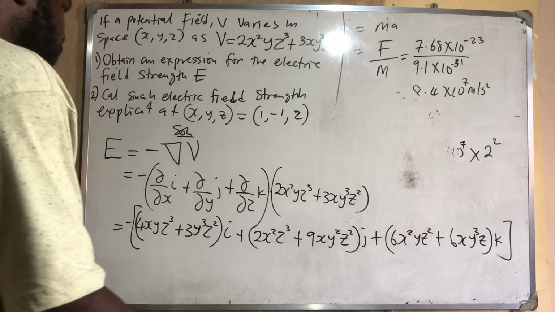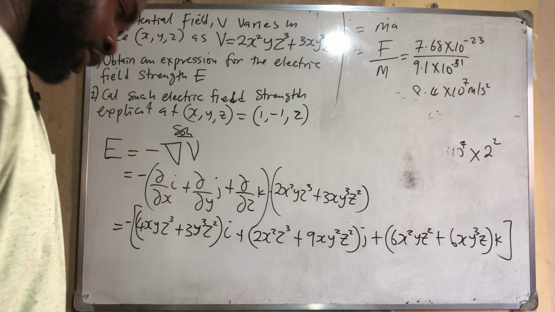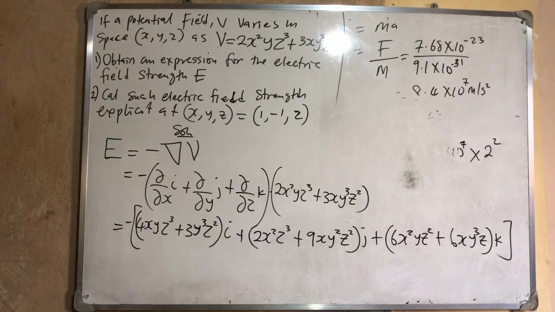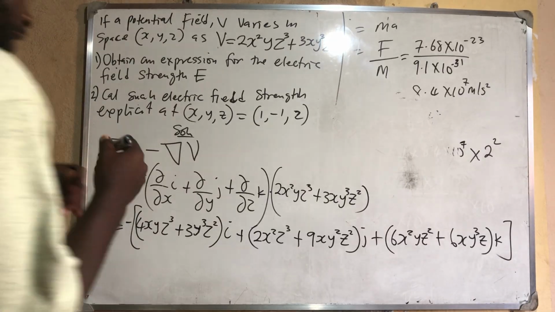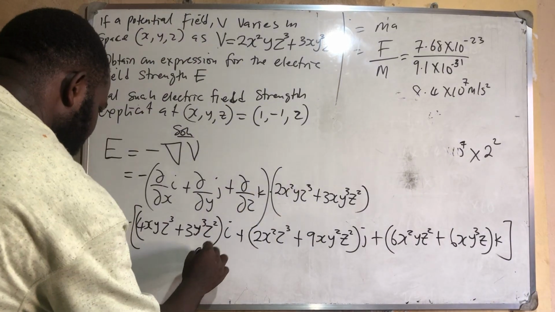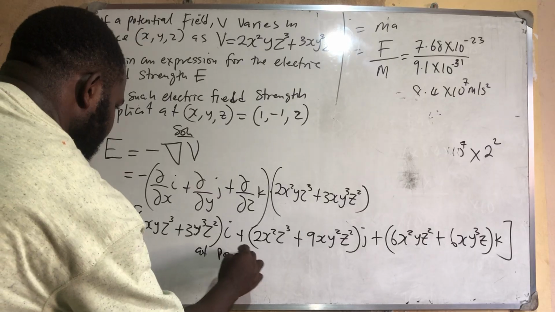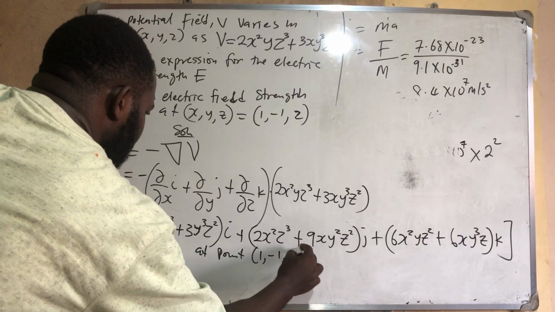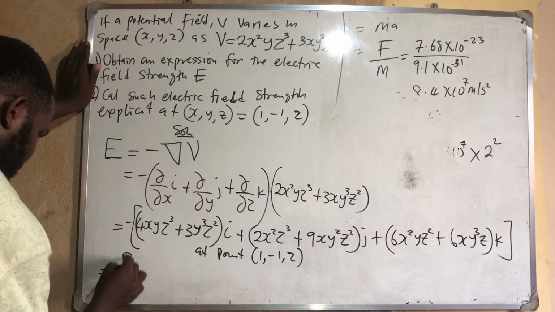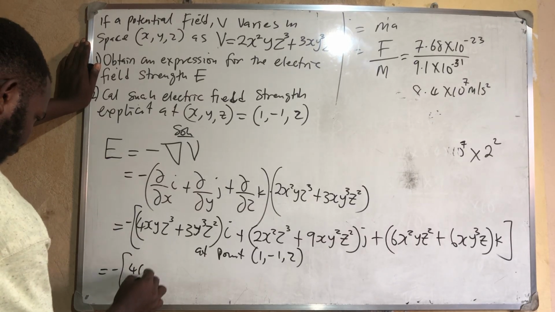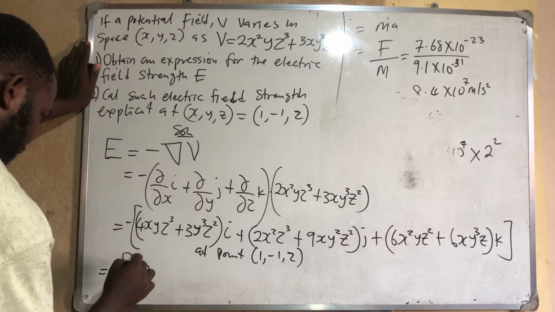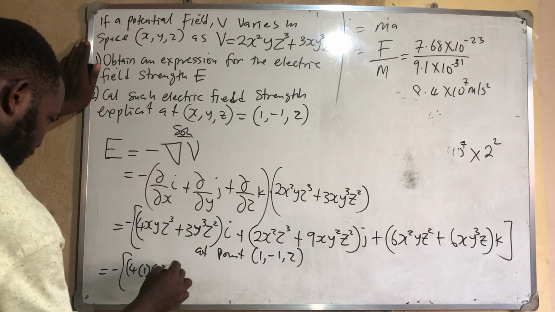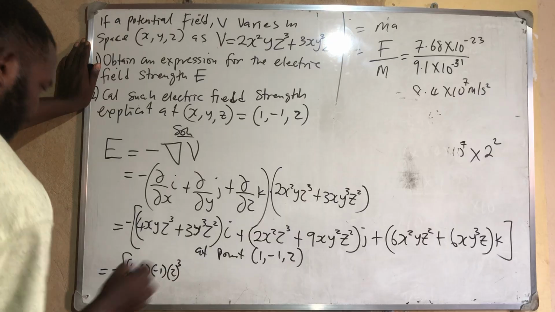So the next thing they say we should find is at this point. We need to get it at this point. So what do we mean by getting it at this point? It means at point 1 comma minus 1 comma 2, we have minus into 4 bracket 1, bracket minus 1, bracket 2 raised to power 3.